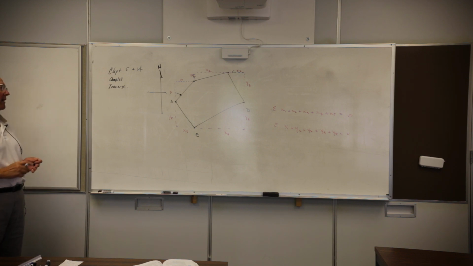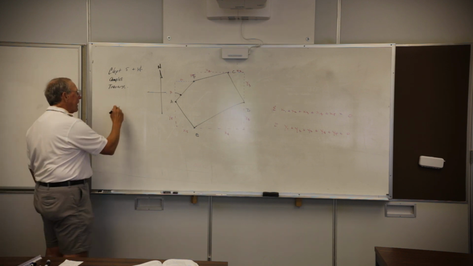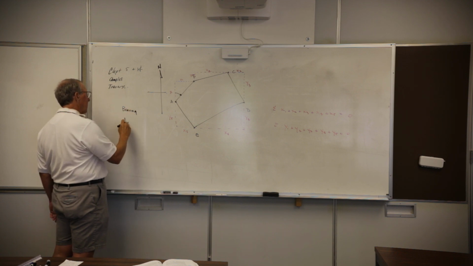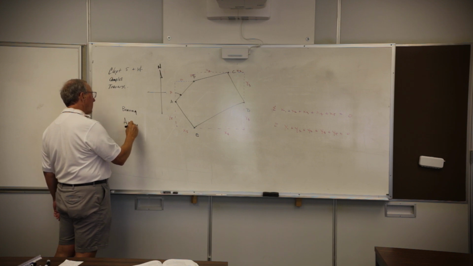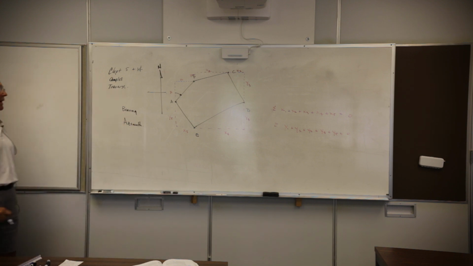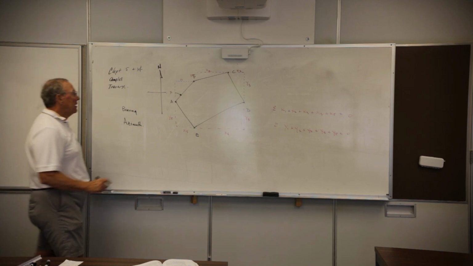Okay, to do that, I have 2 ways that I'm going to introduce to you to define the direction of AB. One is called a bearing, and one is called an azimuth. Okay, a bearing, and I'm going to make up this angle.